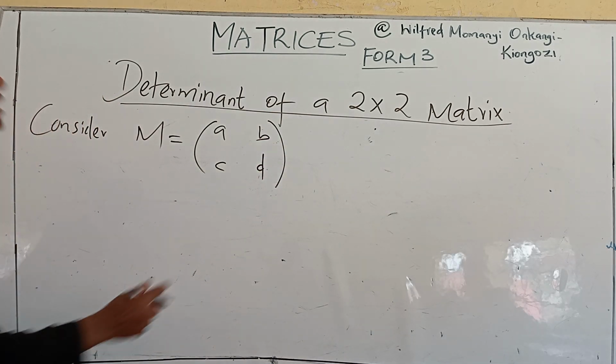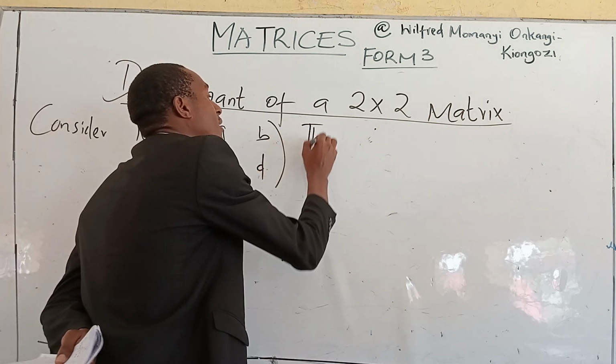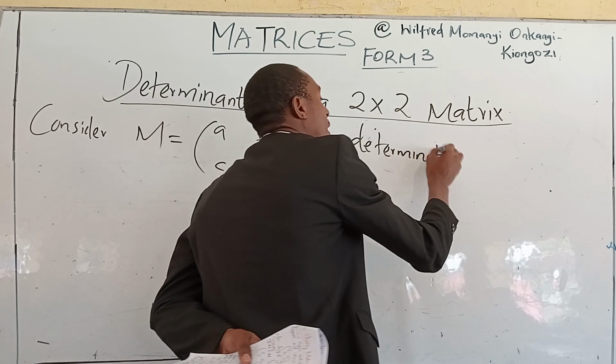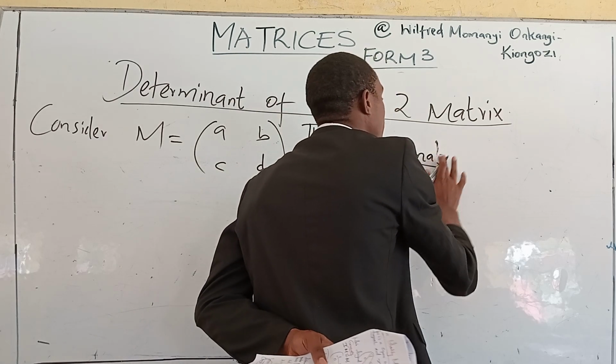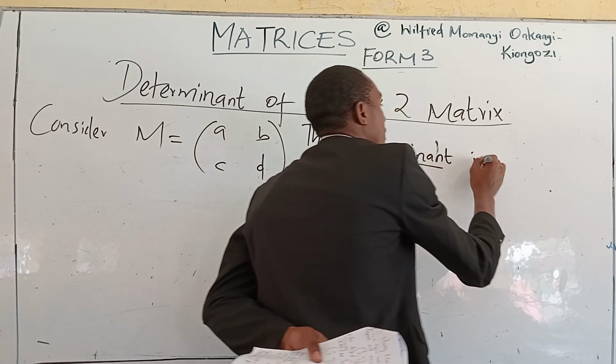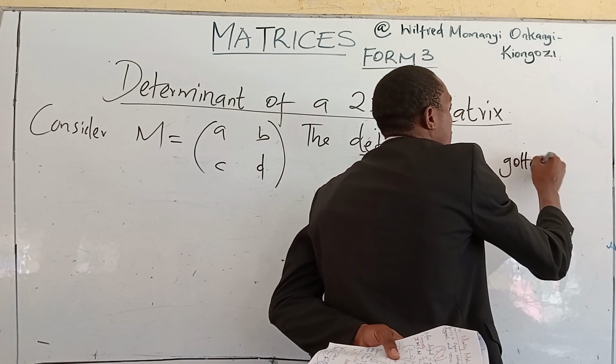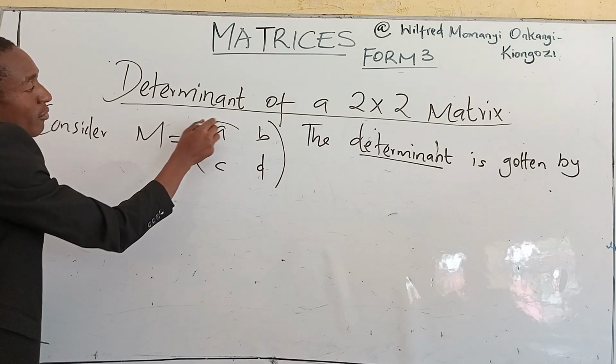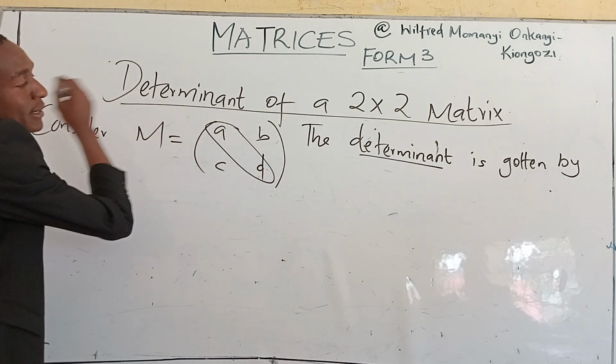The determinant of this matrix is gotten by the products of the elements of the main diagonal.